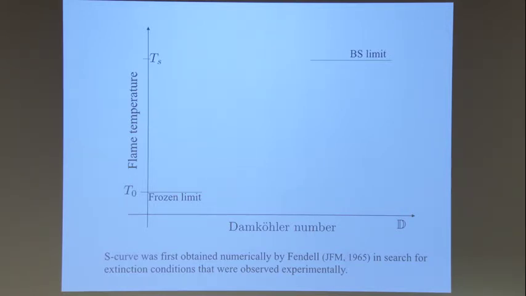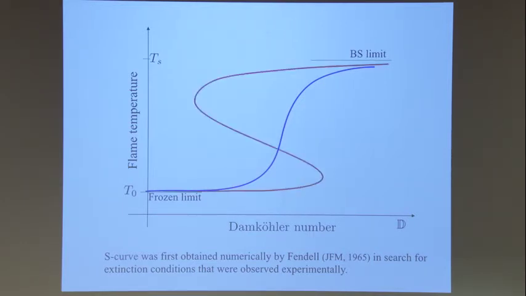In other words, you don't always have an infinitely fast chemistry, and so you are interested to know what happens in between. The two limits can be connected by a curve like this, which is perhaps a monotonic curve that connects one end to another, but it can also be connected by an S-type curve, which backs up and then turns around.